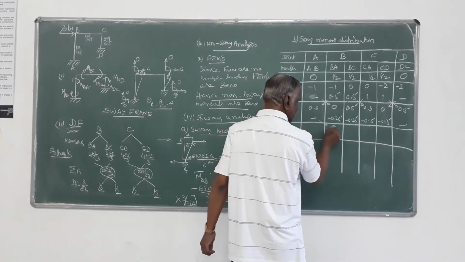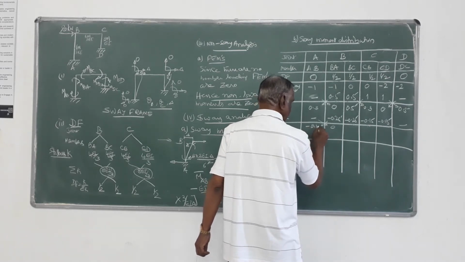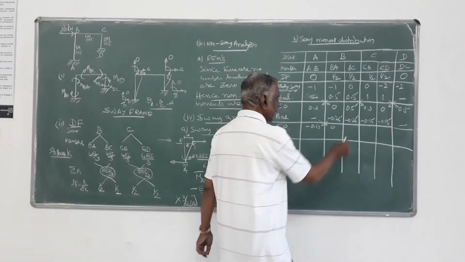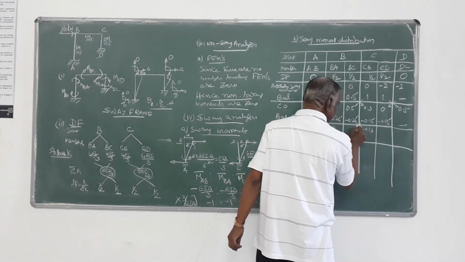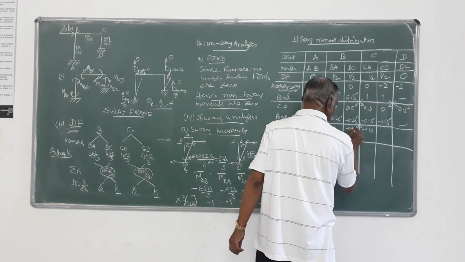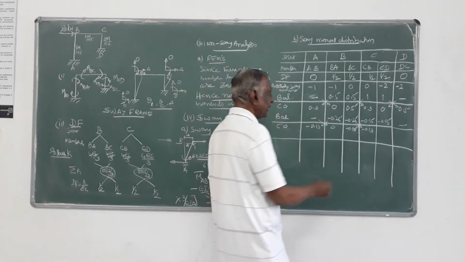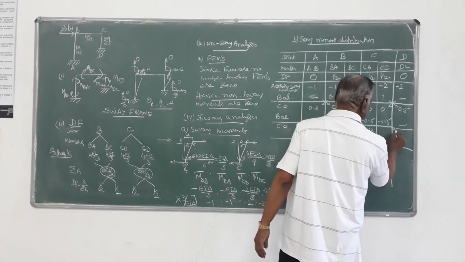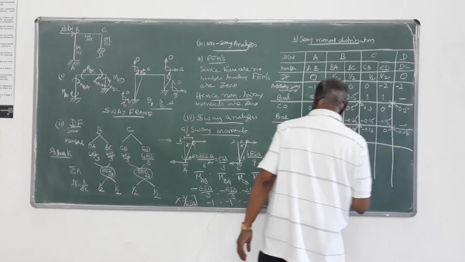Here to here 0, here to here it is minus 0.13. Then here to here minus 0.13, here to here minus 0.08, 0.75, it is 0.8. Then here to here minus 0.08, here to here it is 0.